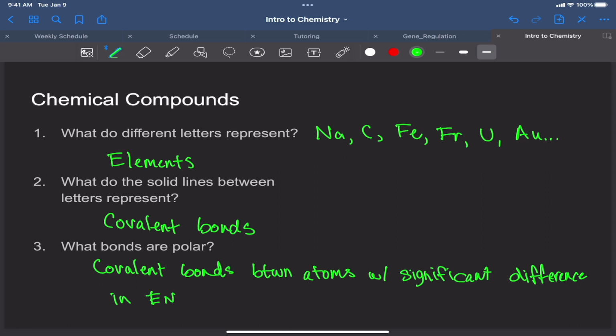And this significant here, right, is kind of arbitrary. It needs to be somewhere between about 0.4 and 1.8 difference in the Pauling electronegativity scale. That'll be a polar bond. Anything more than that is likely to be ionic.